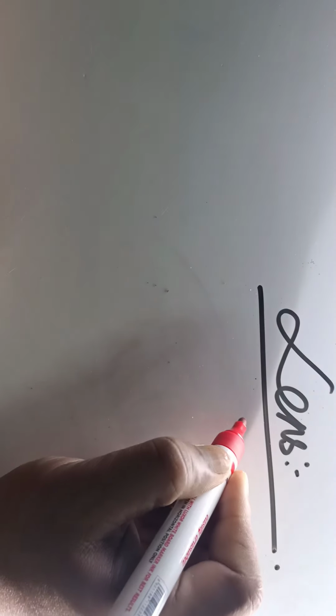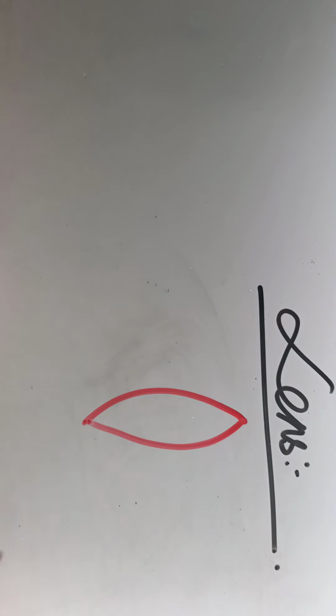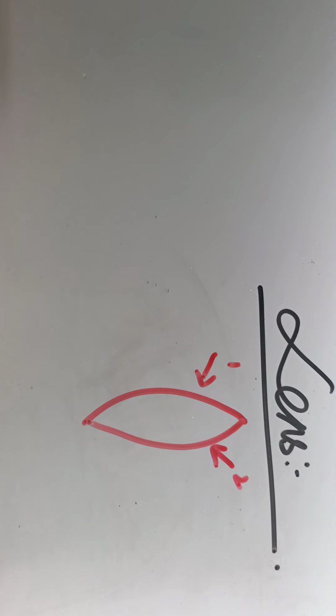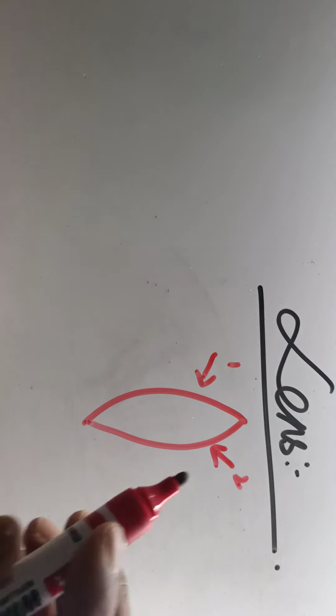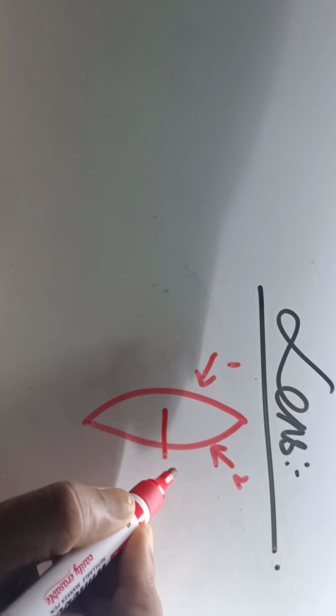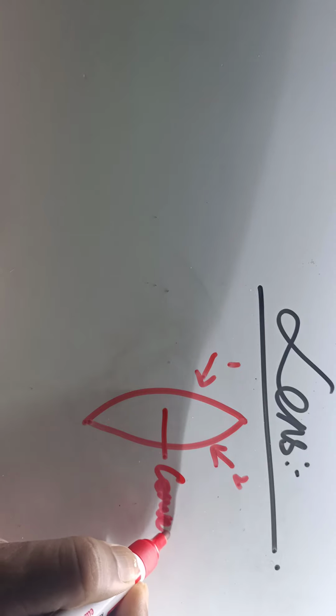So convex lens, right? When you look at this, this is a convex lens. You have two surfaces, surface 1 and surface 2, and both these surfaces are spherical. This is called a convex lens.